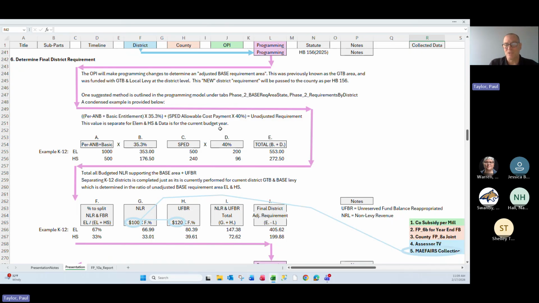And I can't do the current year calculations of PER, basic, and special ed until I have all the enrollment in and A and B calculated. And that calculation uses 2 enrollment dates. It uses the first Monday of October and it uses the first Monday of February.